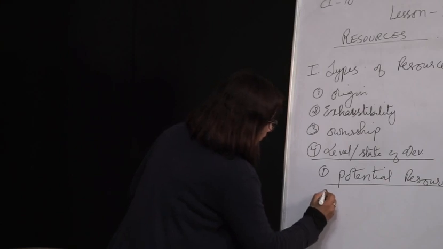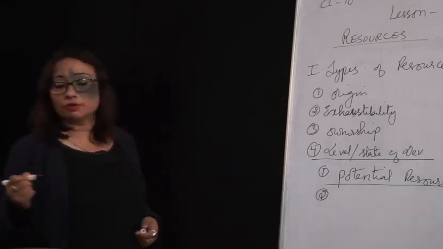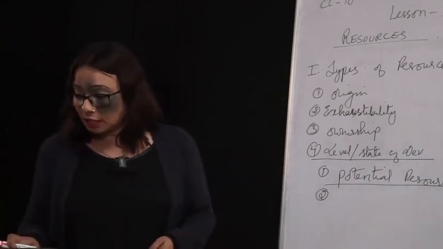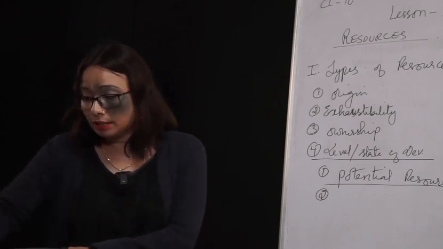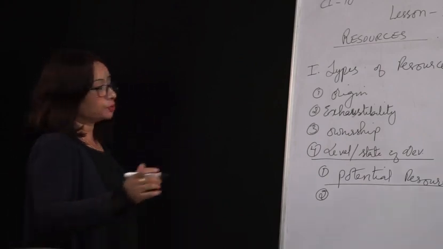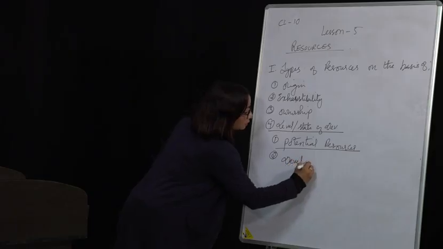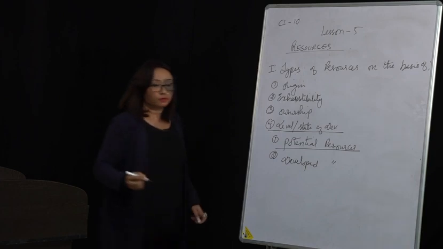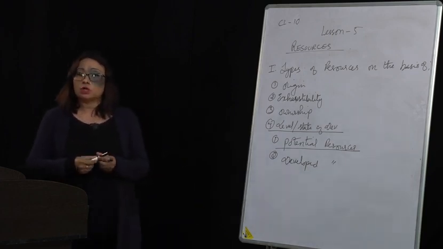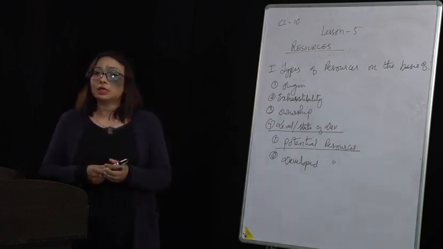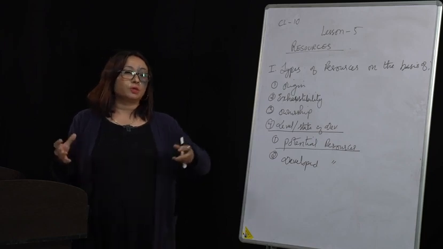The second one, on the basis of level or state of development, is developed resources. Developed resources are those resources which have been fully developed, taking into consideration the most feasible economic means.